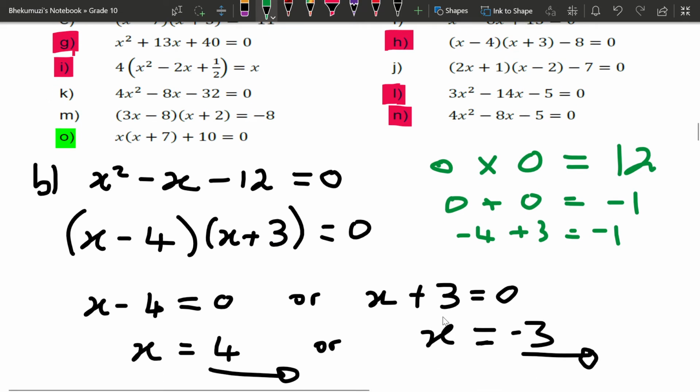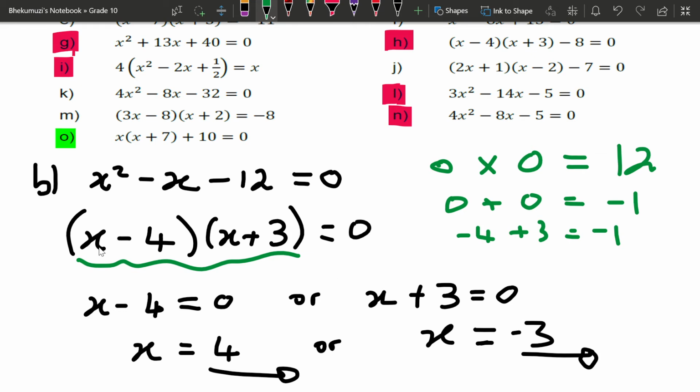Now, once you get to the step where you have your two brackets or your two factors, and we call them factors, if you have the two factors, then what you can do is bring them down separately and say x minus 4 is equal to 0, because in this case either one of the two can result in 0.